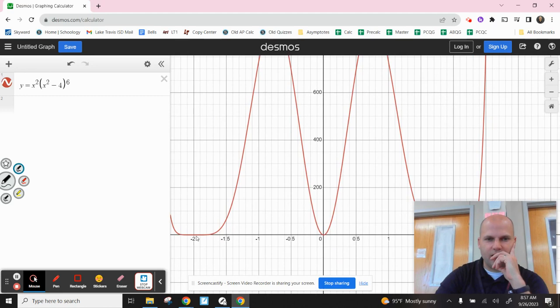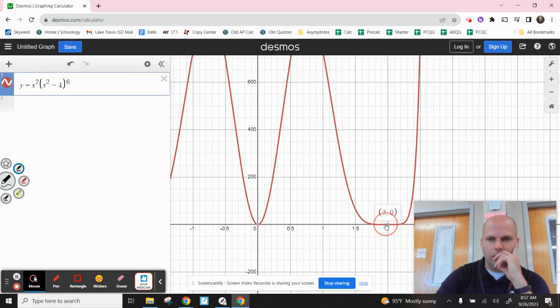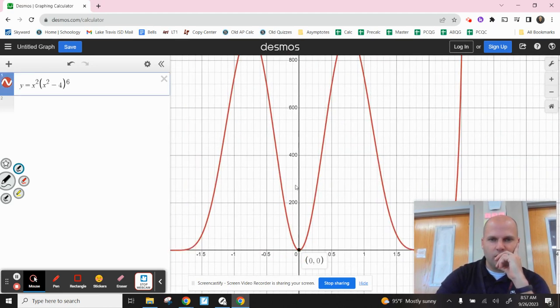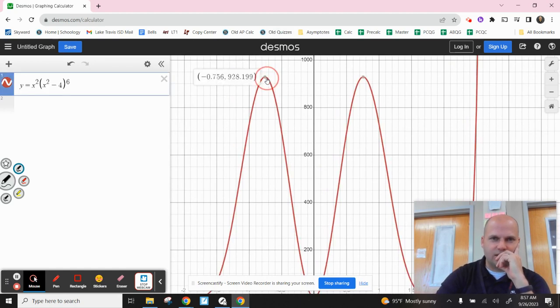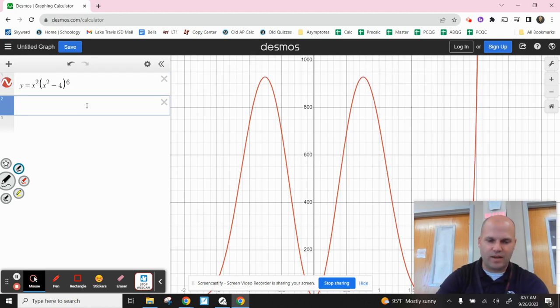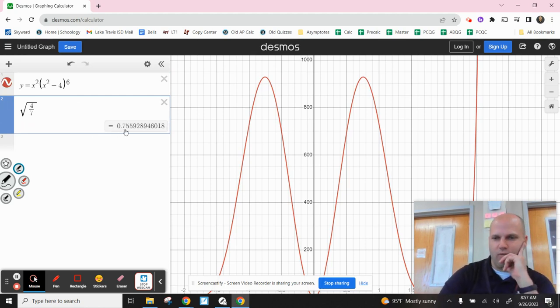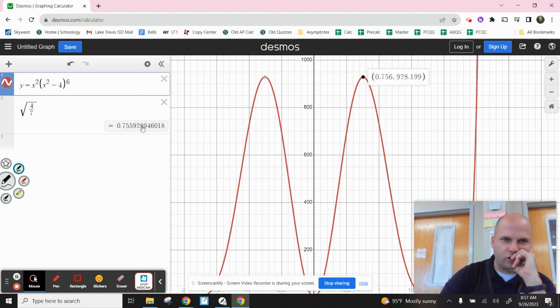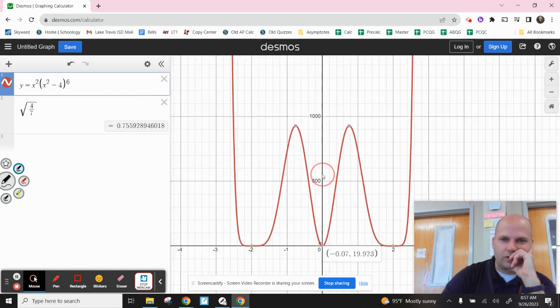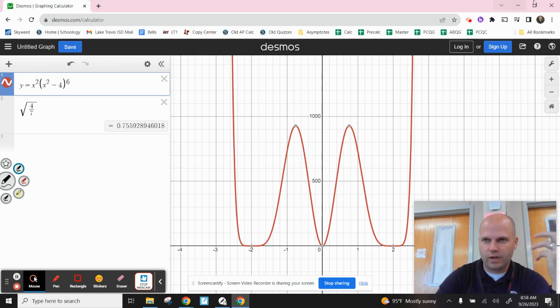Okay, so we got the -2, we got the 2, we got the 0, and then up here is this decimal -0.756, and up here is this decimal 0.756. And I bet you if you take the square root of 4 over 7, you get this 0.756. Isn't that really cool? Like, we really have a good understanding of certain characteristics of this function. In the future, next unit, we're going to be sketching functions like this. That's sweet.